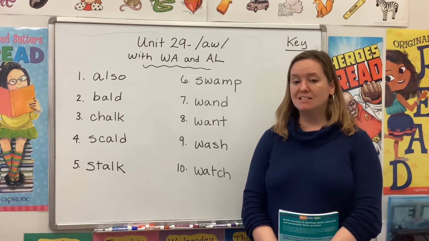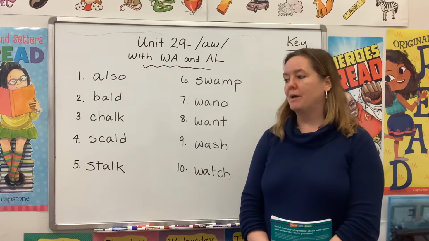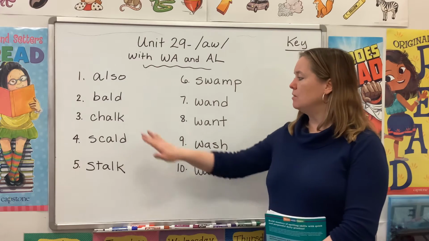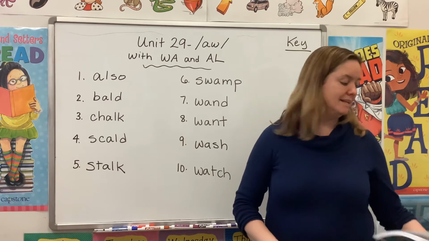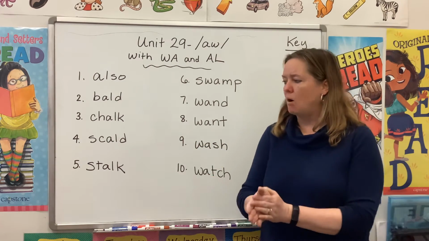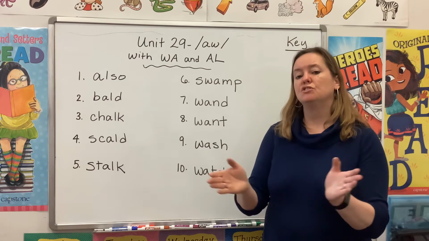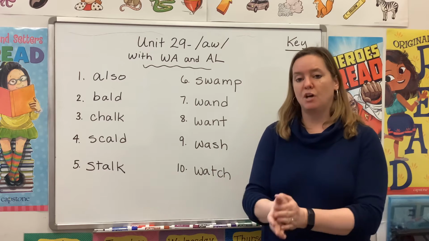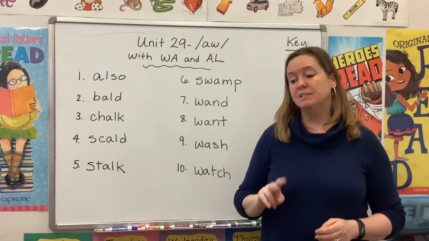Did you hear that AW sound? Good. Okay, before we do anything else, I want you to notice that all of our words this week are one syllable: bald, chalk, scald, except for our first word, also. Also is a two-syllable word.